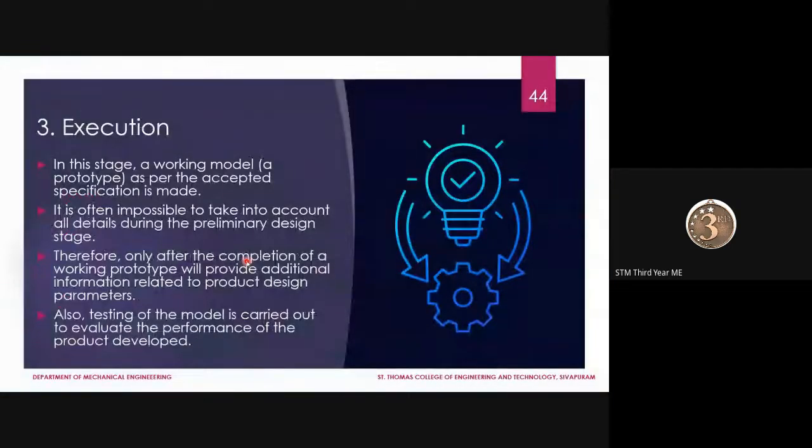After acceptance comes an execution stage, under which a prototype is created on the basis of the requirements and specification drafted, and that prototype is tested under various testing conditions, and on the basis of those conditions, a performance evaluation is created to determine the level of performance shown by the product during that execution stage.